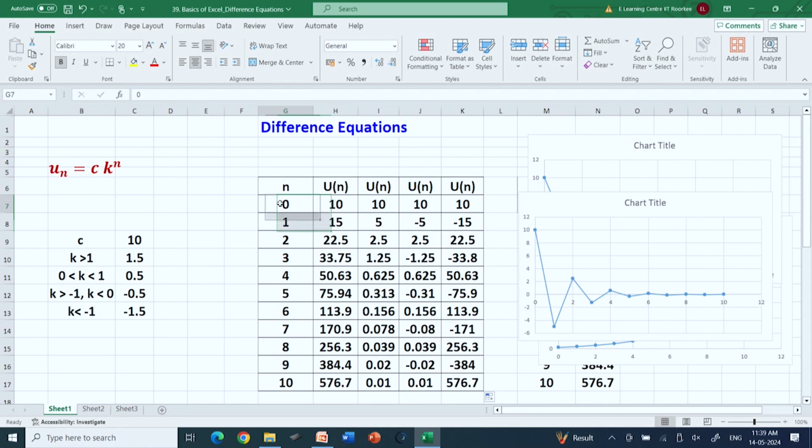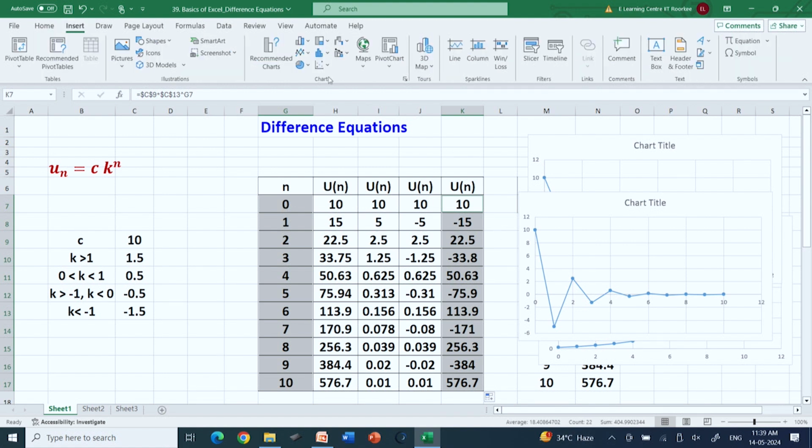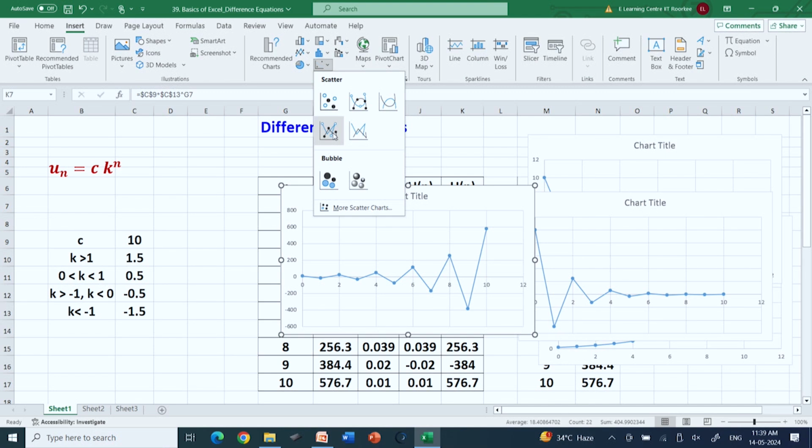Again, I highlight this one by pressing shift and the down arrow key, press control, go to this cell, click, and press shift and the down arrow. Both the columns have been chosen; go to insert, go to this chart and again click this.